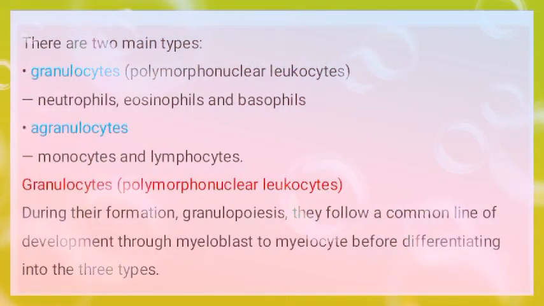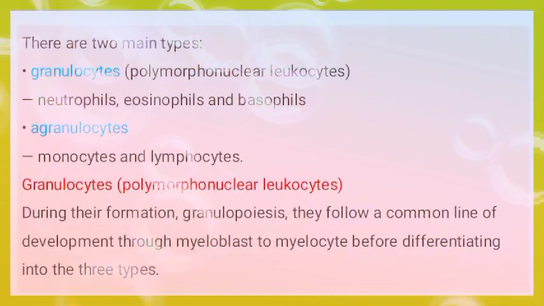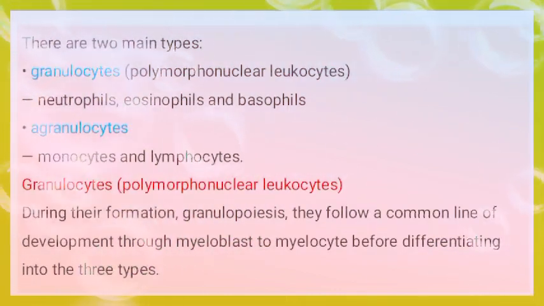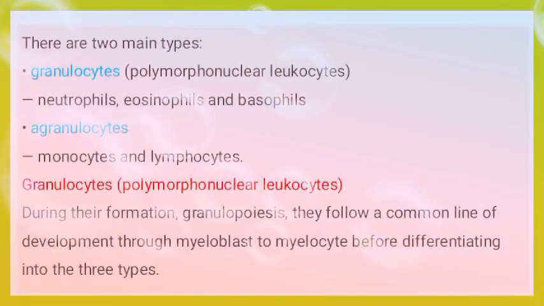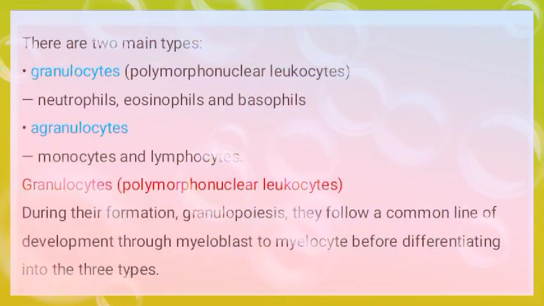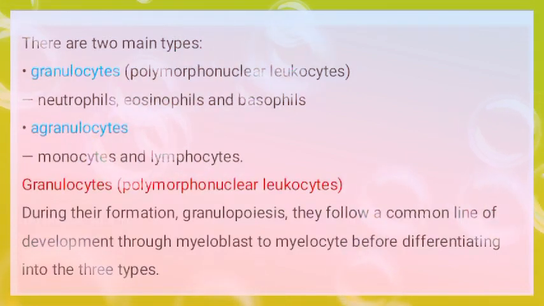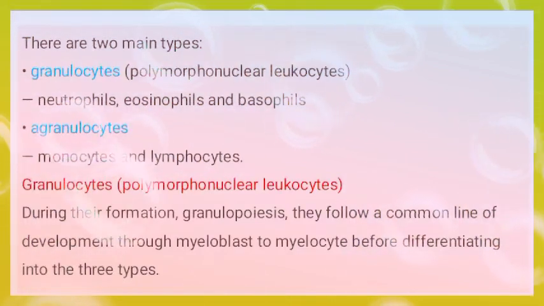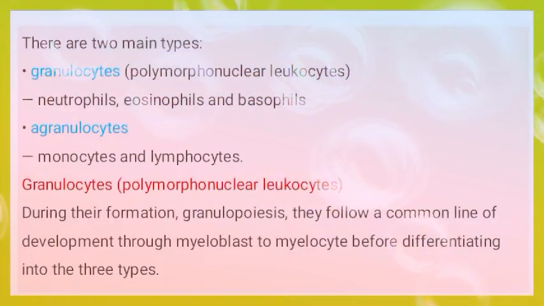And when they develop into the myelocytes, that's when they start differentiating into the three types that we've mentioned. What are those three types? There's neutrophils, eosinophils, and the basophils. From there, in the bone marrow, that's where the production actually takes place, under the process also called granulopoiesis.